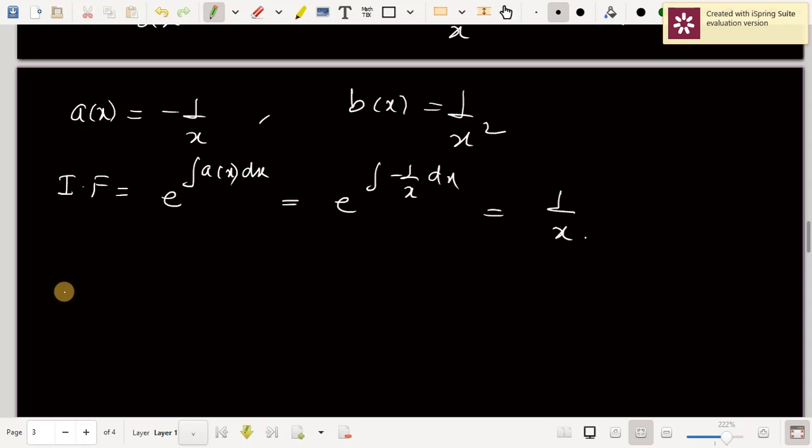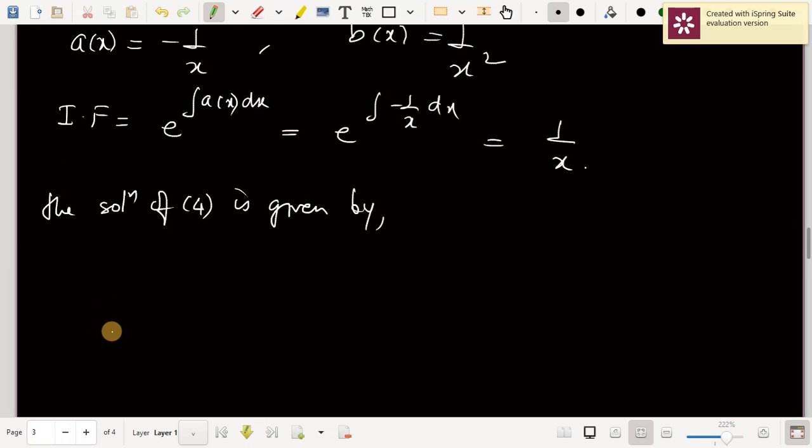So the solution of 4 is given by integrating factor, that is 1 by x into z. Now here the dependent variable is z, so z is equal to integral of integrating factor into b of x.